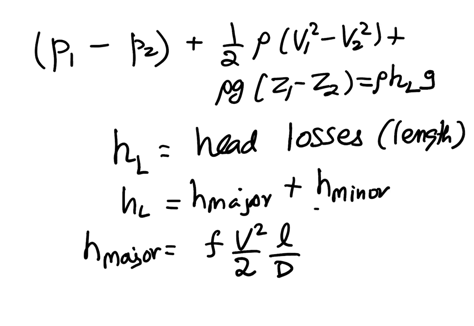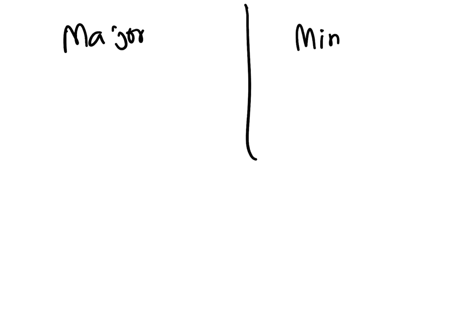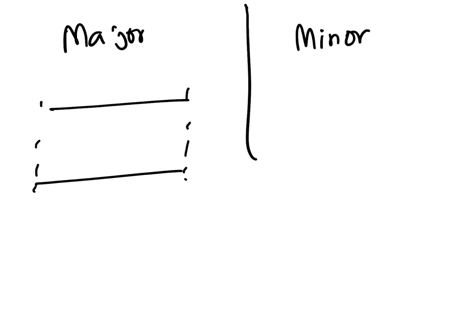Our next item of discussion is the minor losses. Now, what are minor losses? You contrast them against major losses. Major losses are the pressure drop across a pipe due to friction.